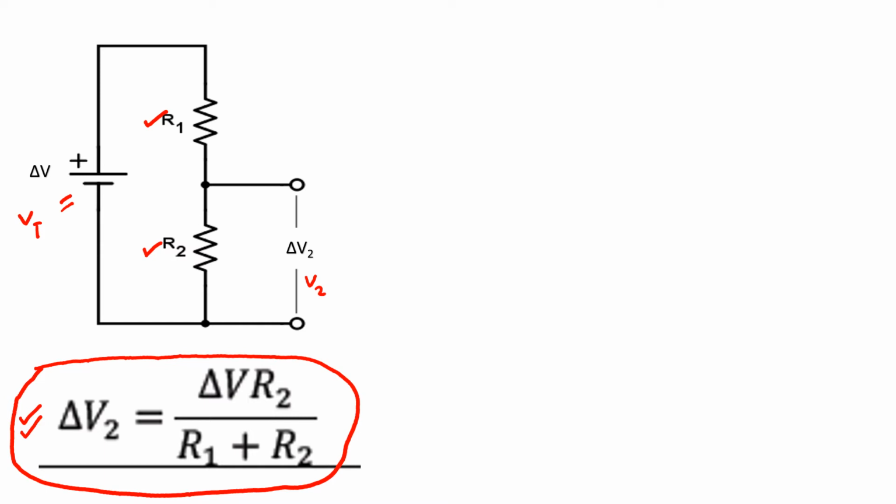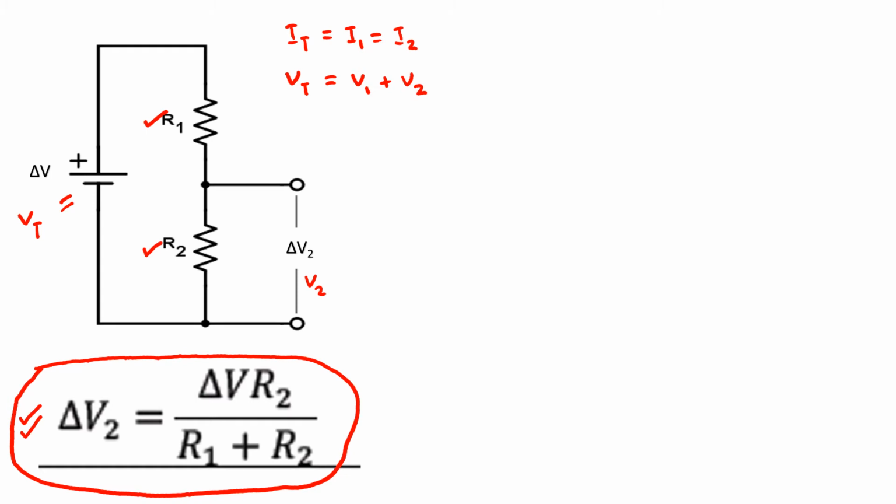Talking about a series circuit, we know the following: the total current IT is equal to the current that passes through resistor 1, and that is equal to the current that passes through resistor 2. We also know that the total voltage is equal to the voltage across the first resistor plus the voltage across the second resistor.